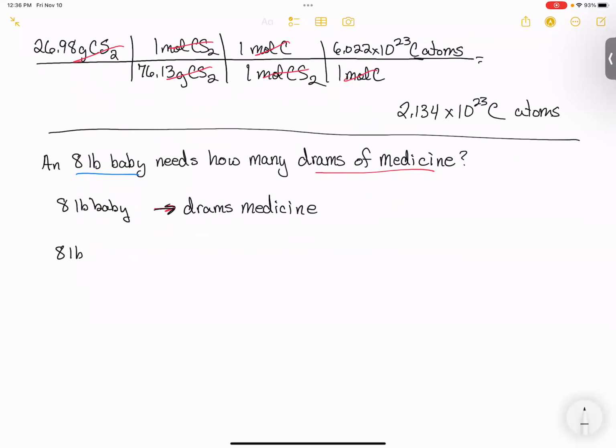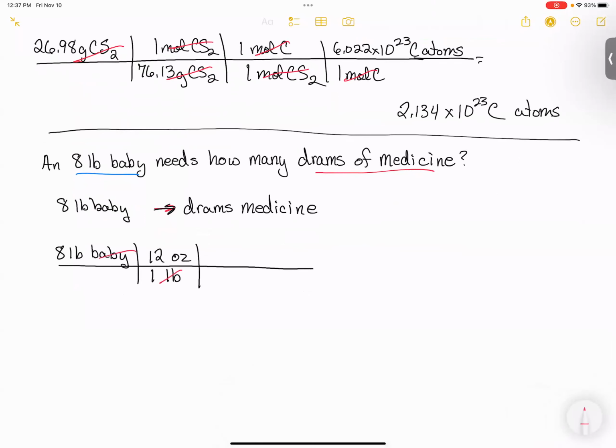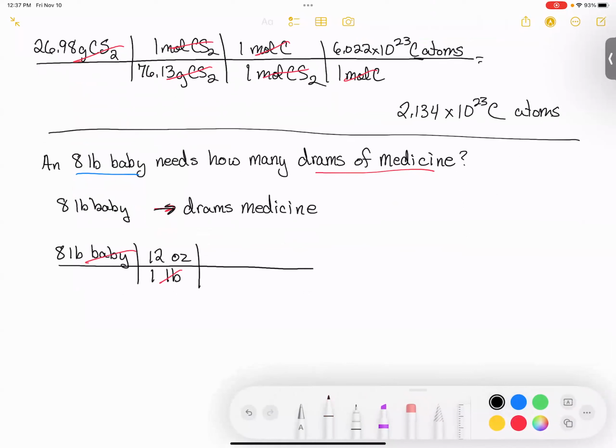An 8-pound baby. I looked for a conversion factor that has pounds in it, and I find that there are 12 ounces for 1 pound. The pound goes in the denominator so that the unit cancels out, leaving ounces. And then I notice, oh wait, ounces is drams.